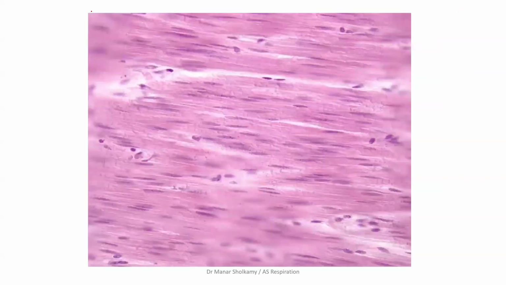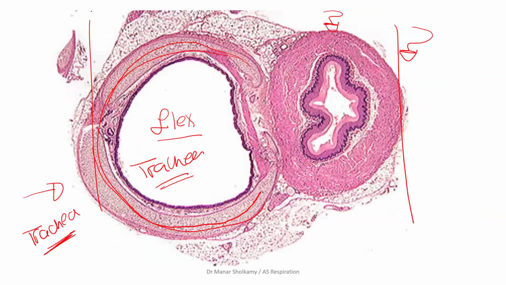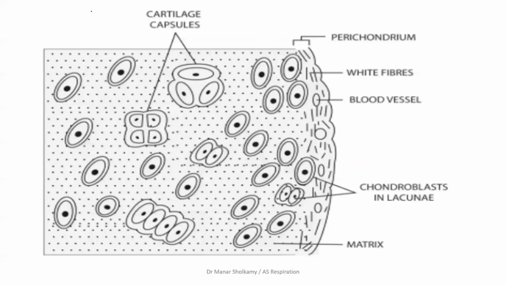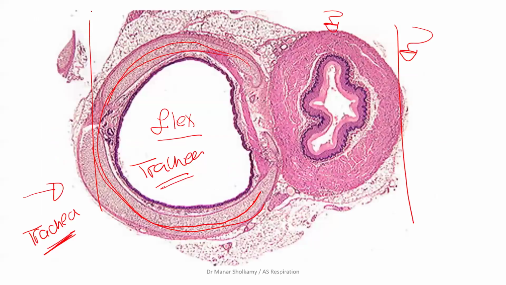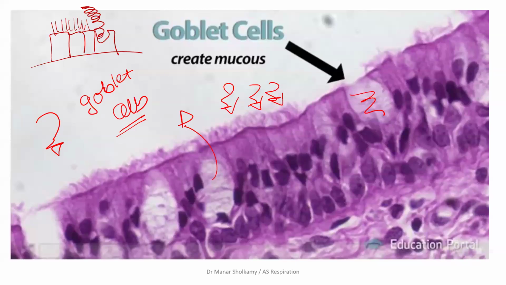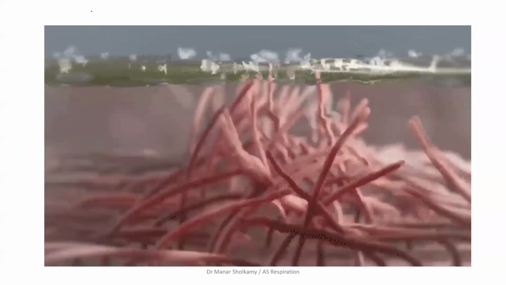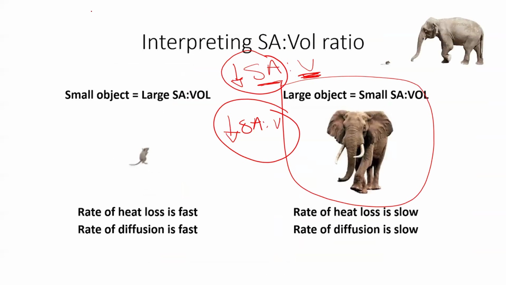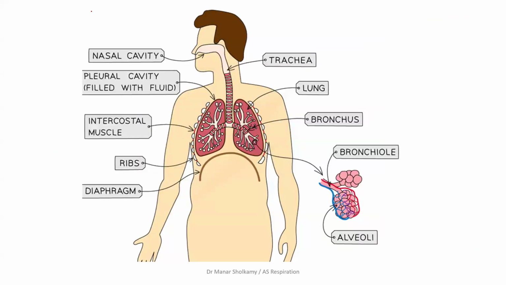Ciliated epithelium is found all along the respiratory tract, but it is not found in the what? Where are cilia not found? Let's look at the anatomy. Bronchioles? No, they're found in the bronchioles. They're not found where? In the alveoli.